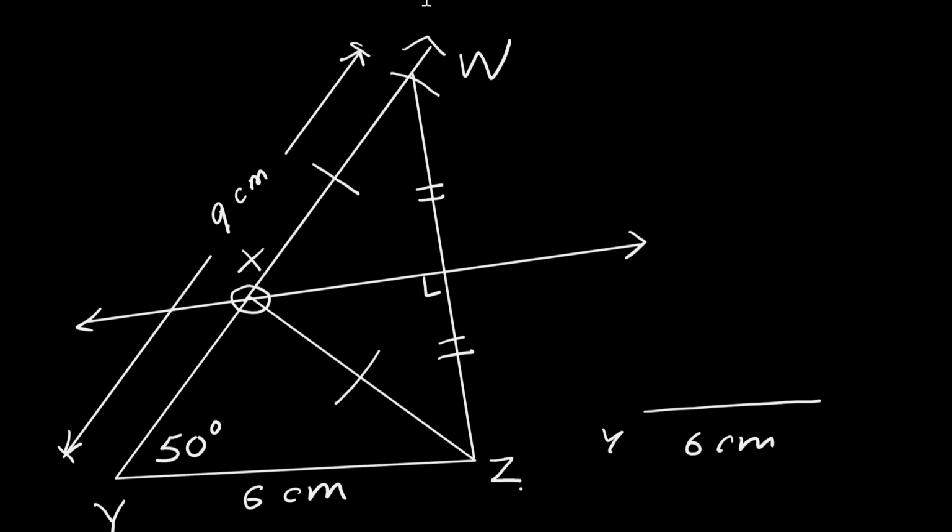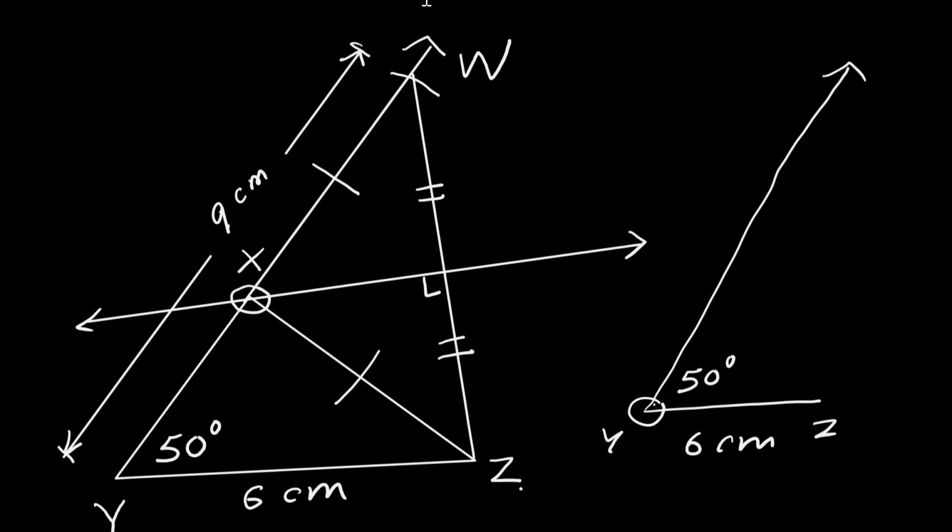Then draw a ray of angle 50 degrees from YZ. Then draw an arc of 9 centimeters on the ray. As I told you earlier, to construct an arc, the center and the radius are required.